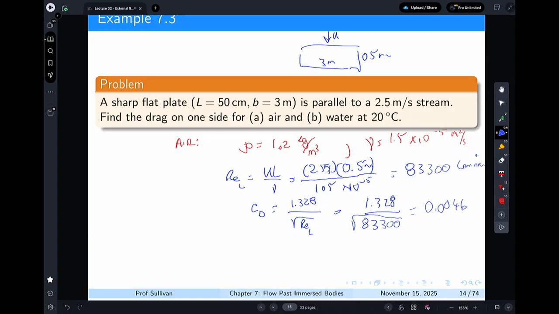So I can calculate the drag coefficient. I have that relationship from the beginning of the lecture. And from that, I can calculate the magnitude of the drag. And drag is equal to C sub d times 1/2 rho u squared times a cross-sectional area, which is going to be b times L. So that's 3 times 0.5.